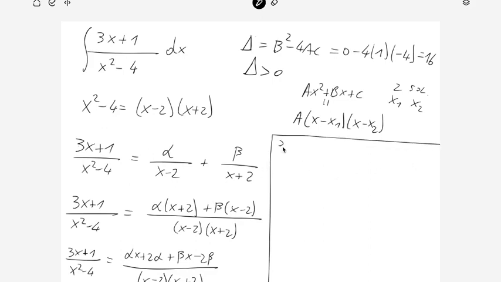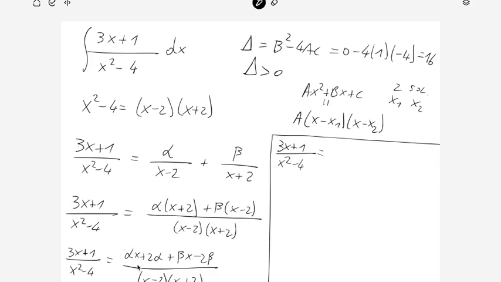Now I want to write this as a polynomial, so x times its coefficient plus x to the 0, so a constant.